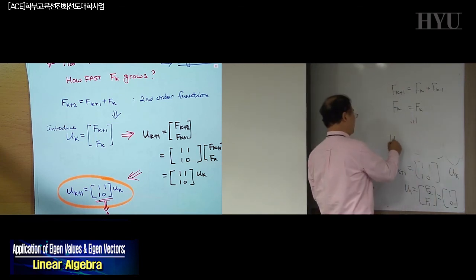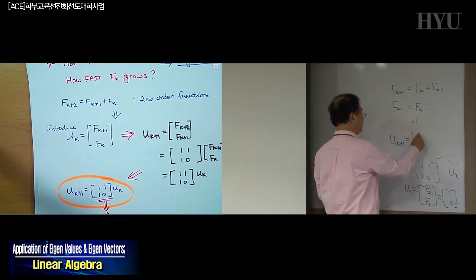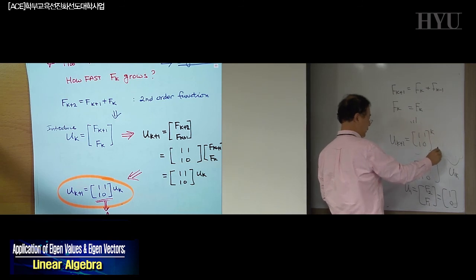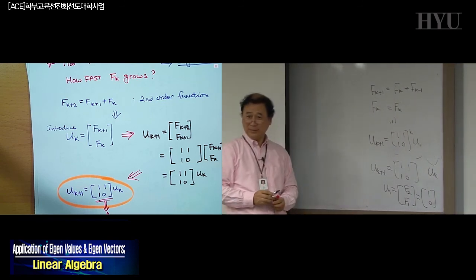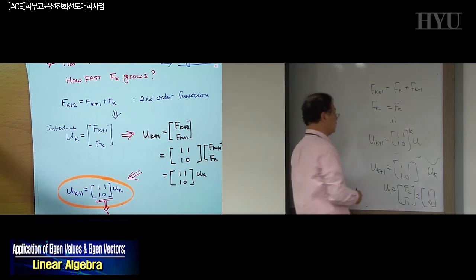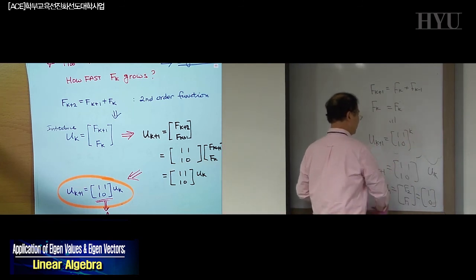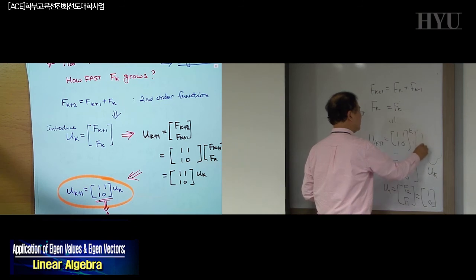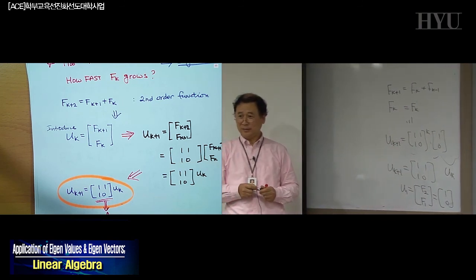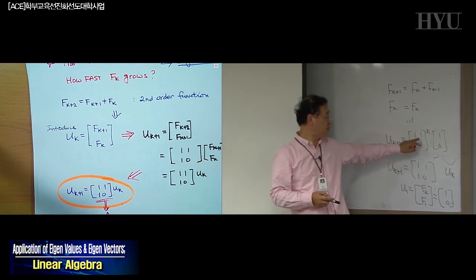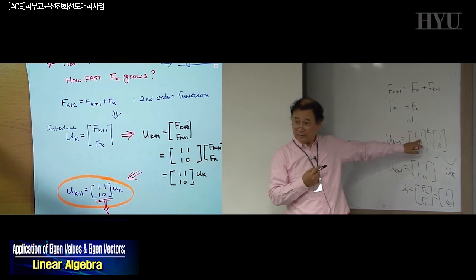Okay, u_{k+1} is [[1,1],[1,0]] to the power k times u_1, right? Once you are able to compute this one easily, you can compute that, right?